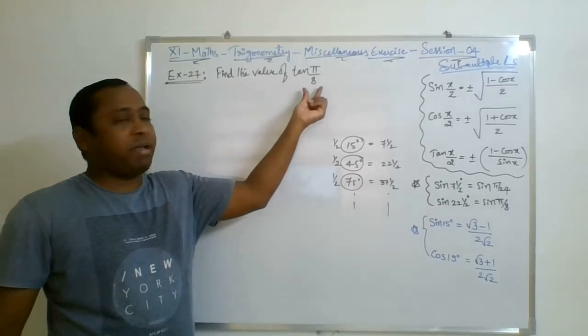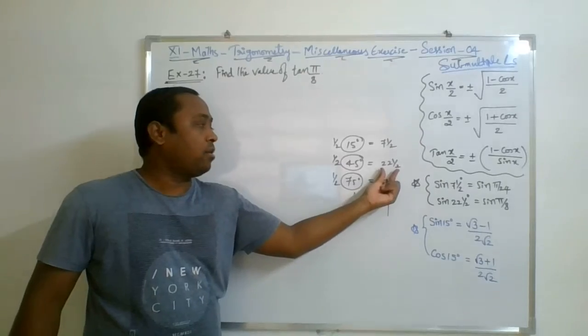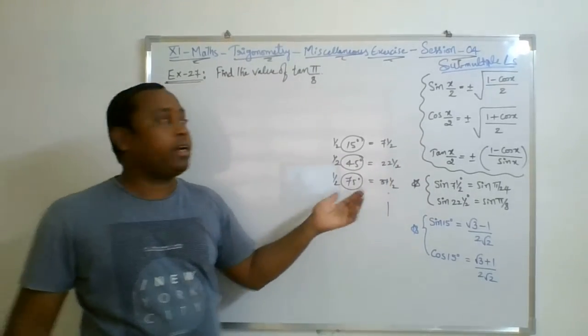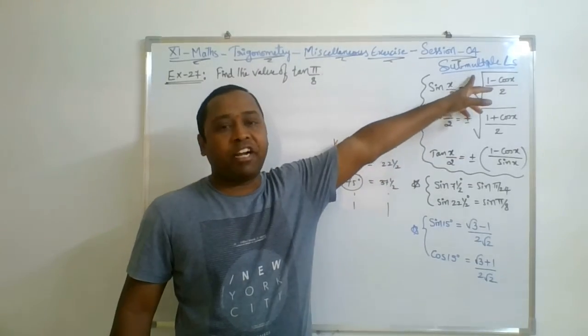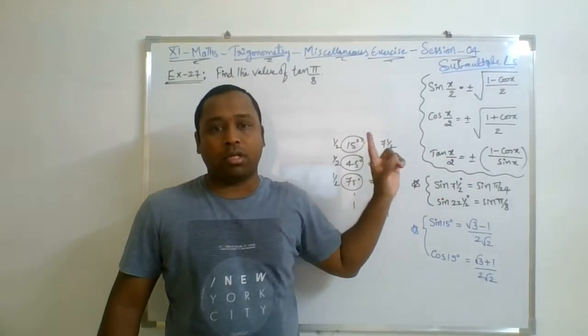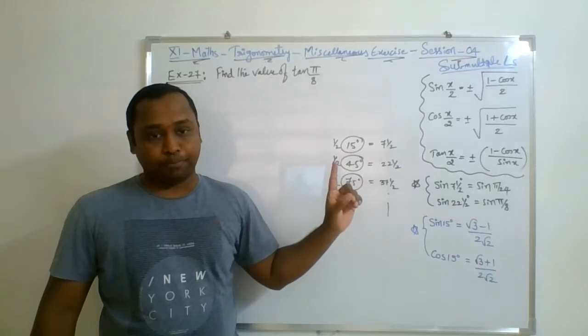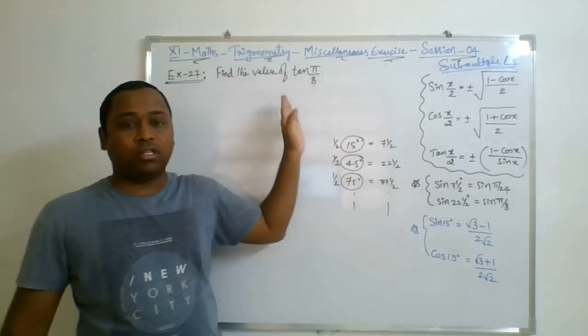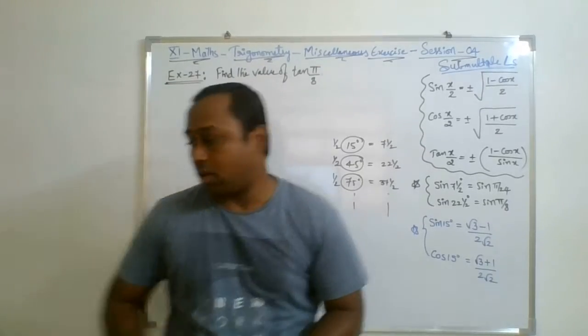So pi by 8 is half of 45, that is 22.5. Hence we require the formula of submultiple angles to solve the question in the simplest way. Let's use these formulas to solve this question.